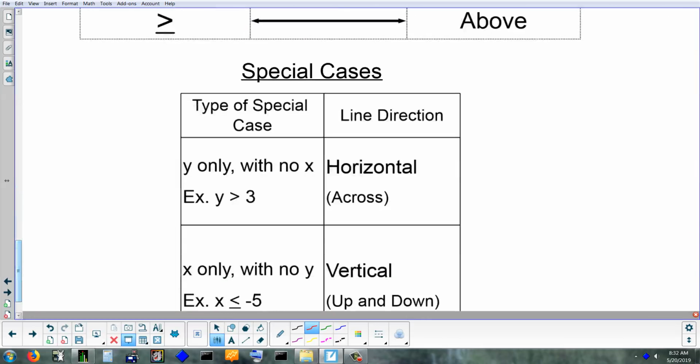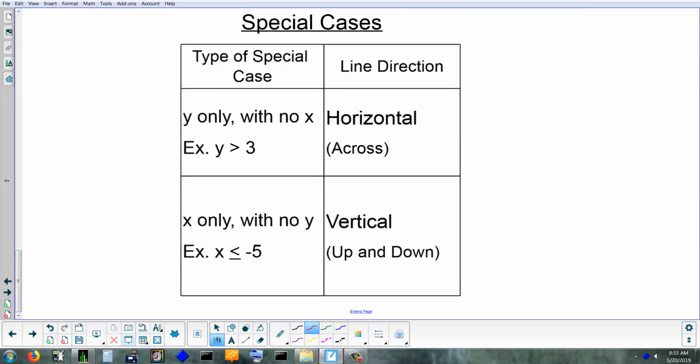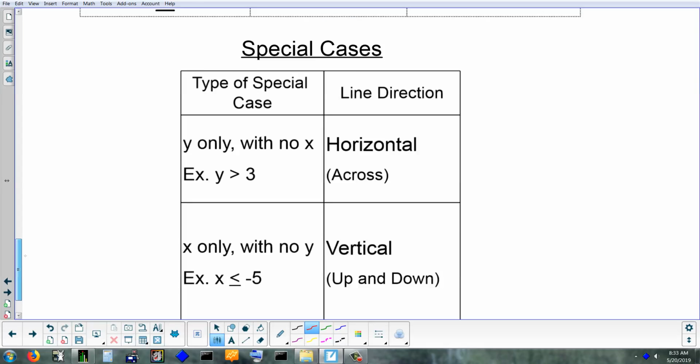Just a Y or just an X. If it's just a Y, like Y is greater than 3, Y is less than 5, something like that, that's horizontal. If it's just an X, X is less than 5, X is greater than -2, X is greater than or equal to 3, something like that, just an X is vertical.